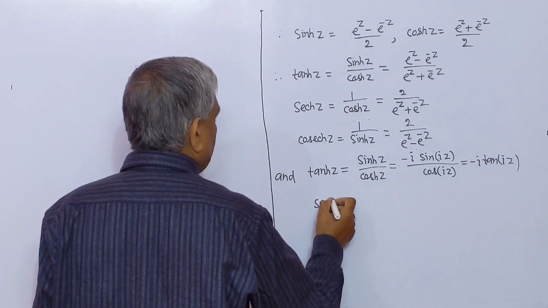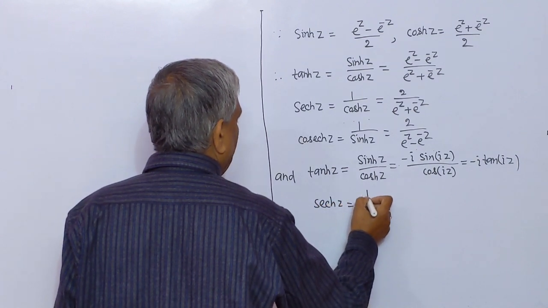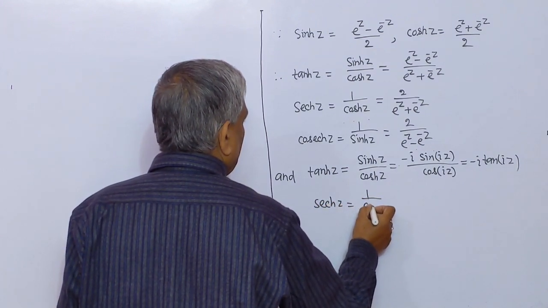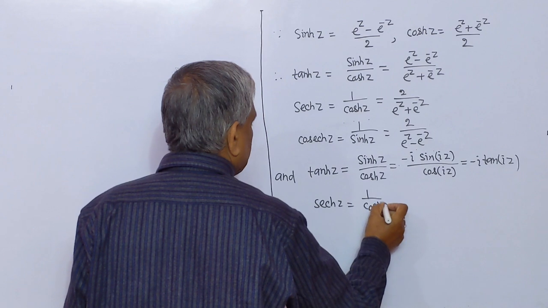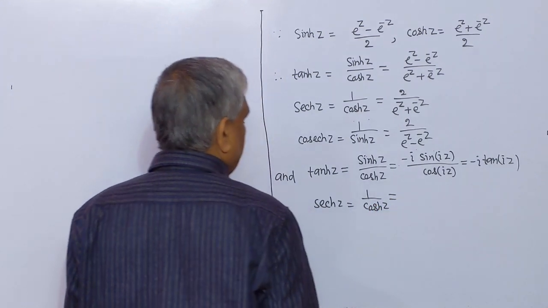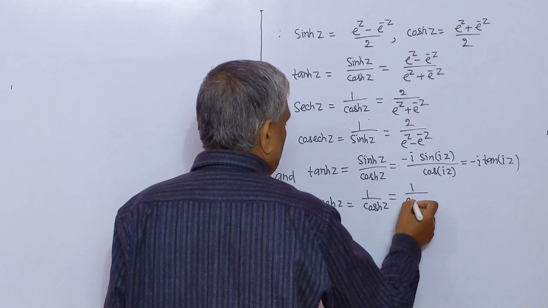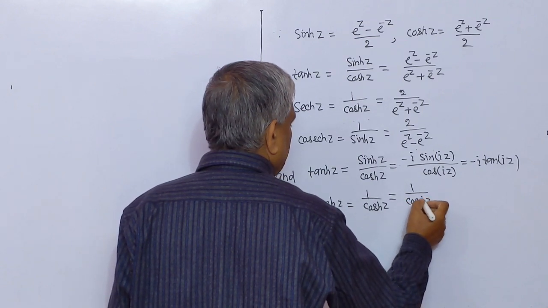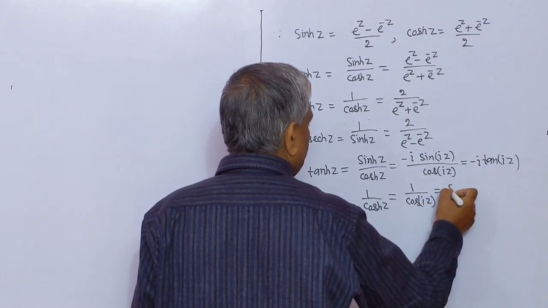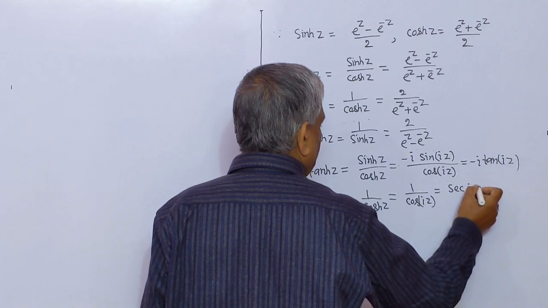Hyperbolic sec z equals 1 by hyperbolic cos z, and this is equal to 1 by cos iz, equal to sec iz.